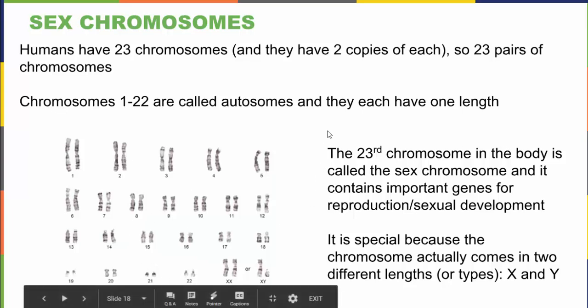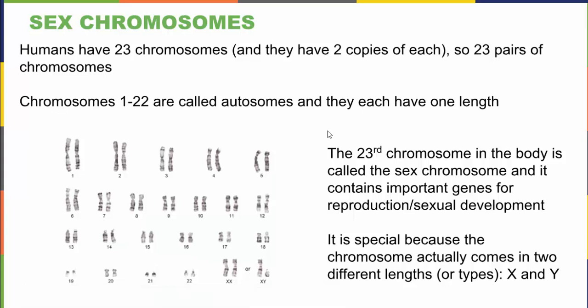The 23rd chromosome is called the sex chromosome. Quite a few of the things that are on this 23rd chromosome have to do with reproduction and sexual development.